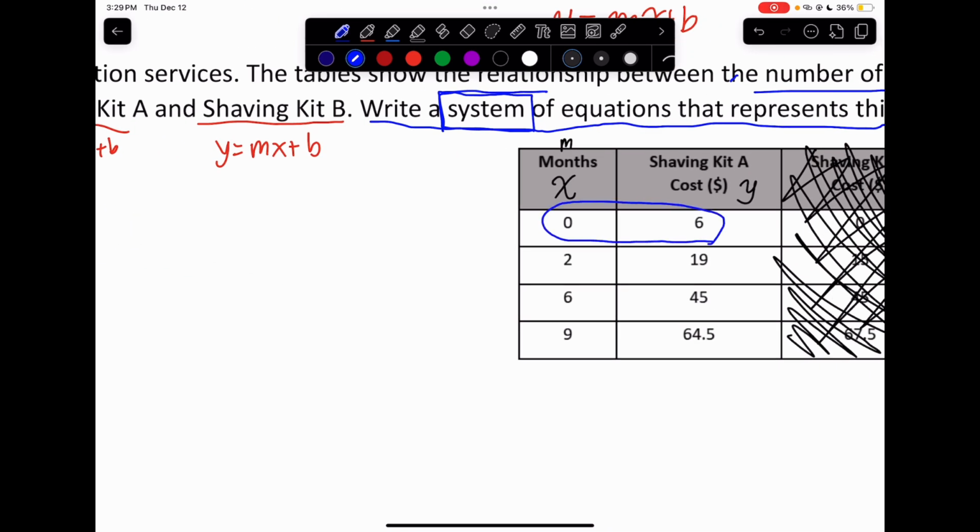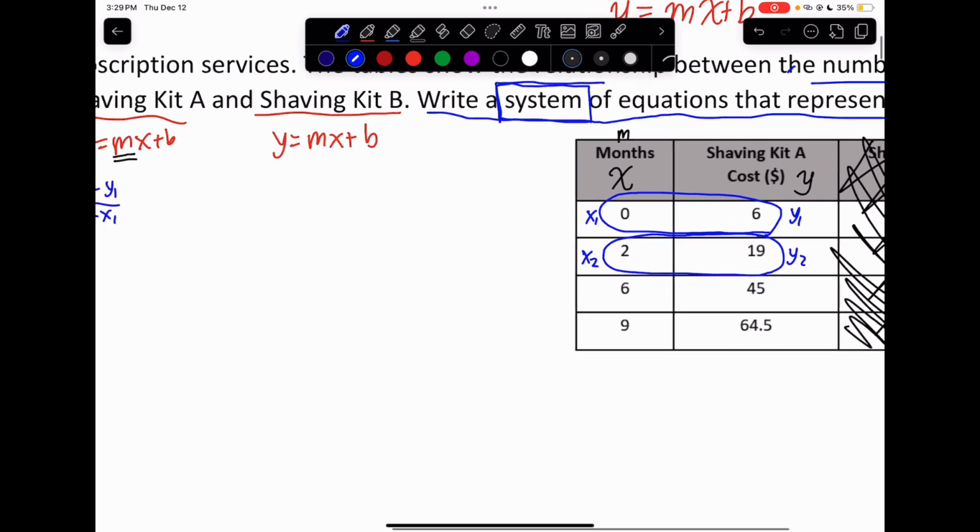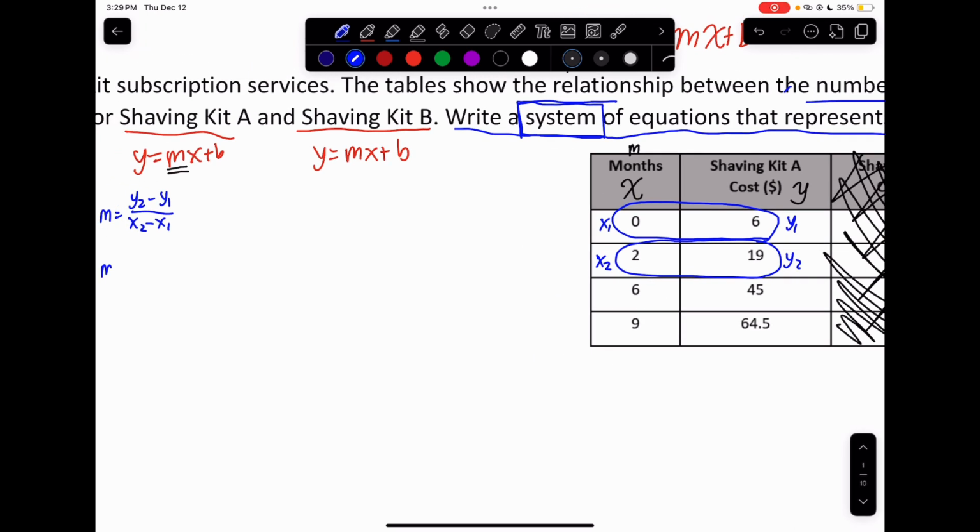I'll pick this one and this one. So I've got x1, y1, x2, y2. So plugging that in, I get m equals 19 minus 6 over 2 minus 0. So that's 13 over 2. Since I'm talking about money, I'll use decimals. That's going to be 6.5. So got my M. Awesome.